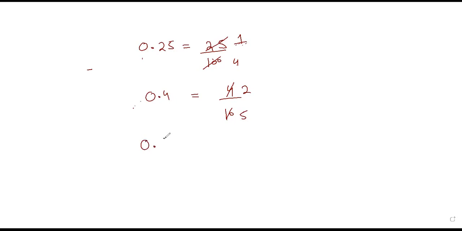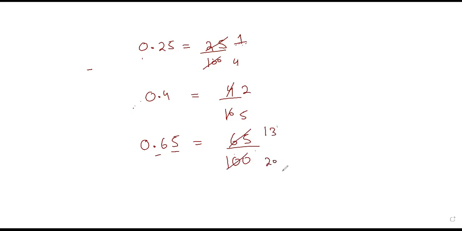For example, it's 0.65. I can write it as 65 divided by 100, since I have two numbers after the decimal. Then I cancel it out. 65 divided by 5 is 13, and 100 divided by 5 is 20.